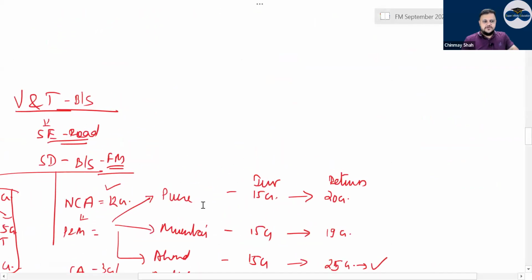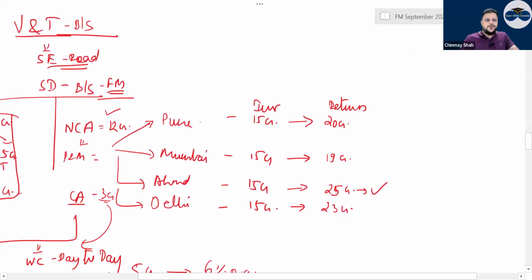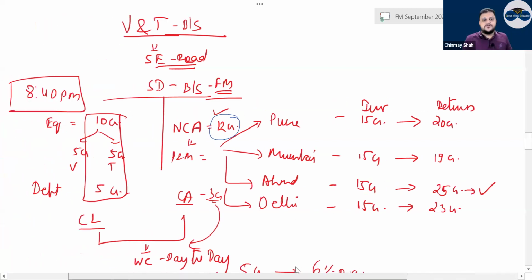Now see what you did, sir. 15 crores we have, 12 crore we invested into what? Long term assets. So tell me, when you have to invest for long term, will you take a loan or an investment of a long term nature, or finance that is all long term in nature or short term in nature? Think about it. Long term in nature.